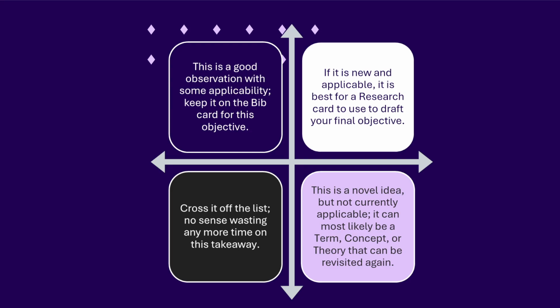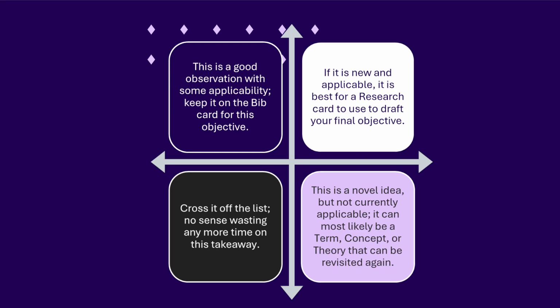Now, in reading the type of card, while I felt like it was a good observation with some applicability, the fact that it can be revisited again does appeal to me. And I am defining something, which to me means it's a term. And so that tells me right there that I need to create a term, concept, or theory card for my definition of ethical leadership.